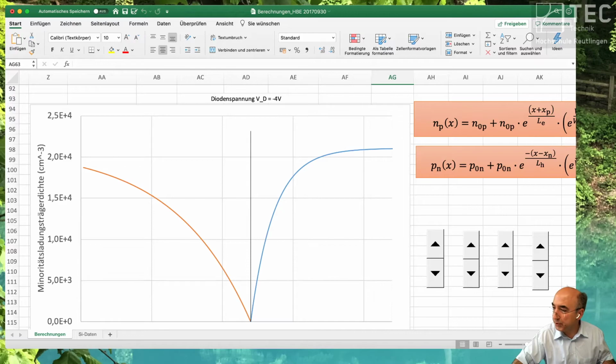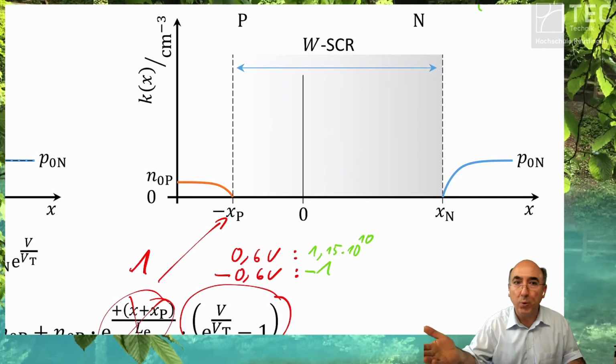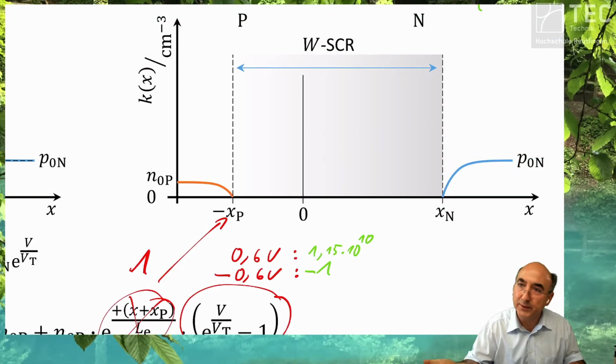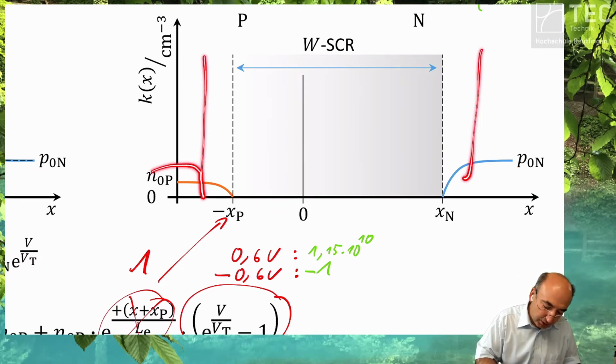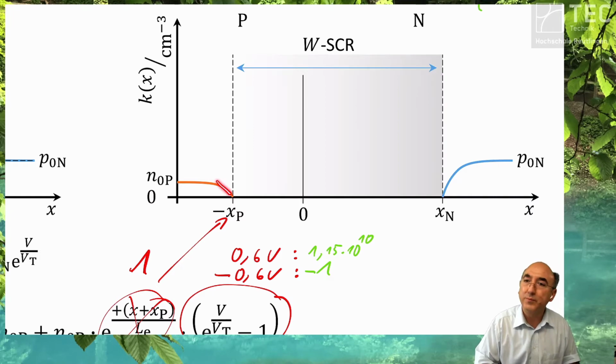So the space charge region here, which you don't see due to the scale, increases, but the slope doesn't change. It just pushes away. And the slope itself defines the flow, and the flow is the current. And therefore, reverse bias changing doesn't change the slope, the current.